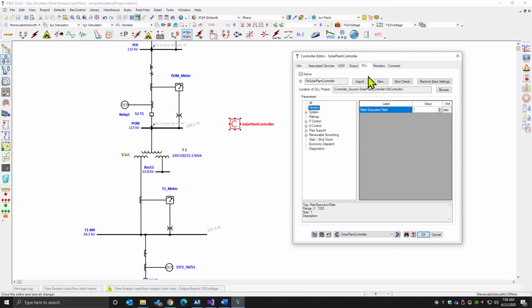If you go ahead and look at our solar power plant controller here, this power plant controller also has a function for renewable smoothing, and the logic that it's utilizing is the ETAP rate limiter logic for smoothing.